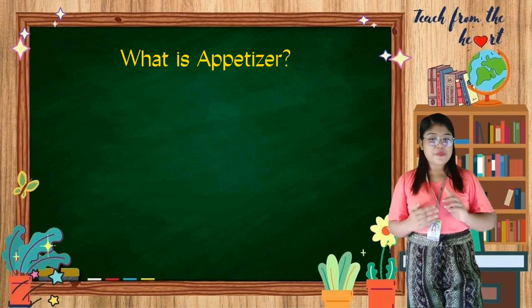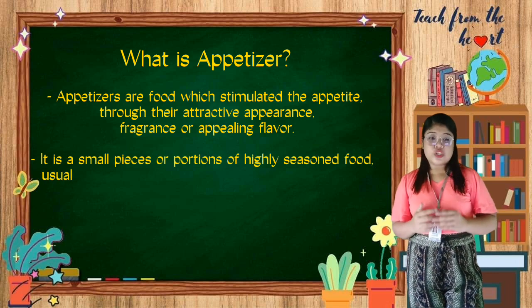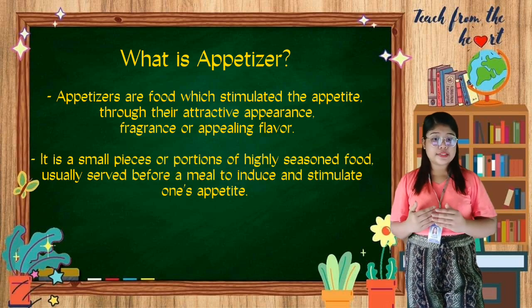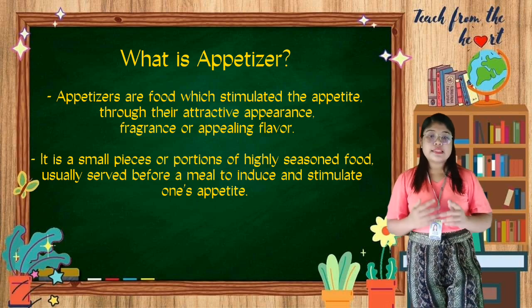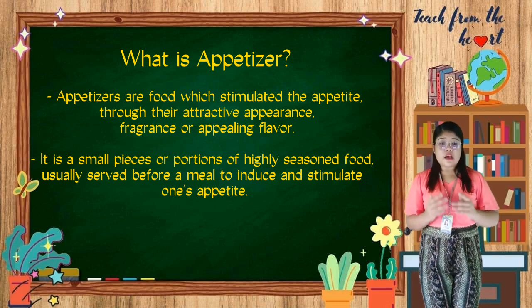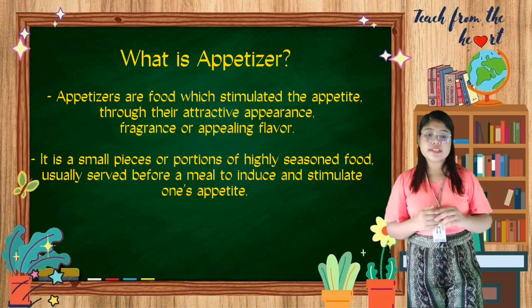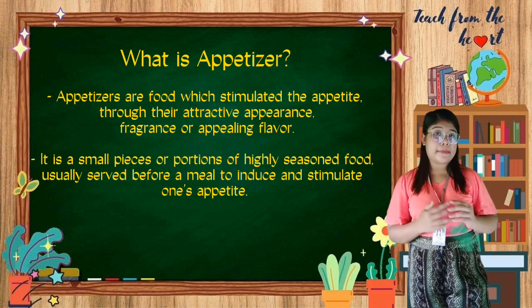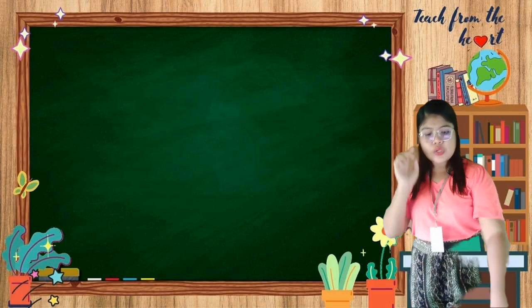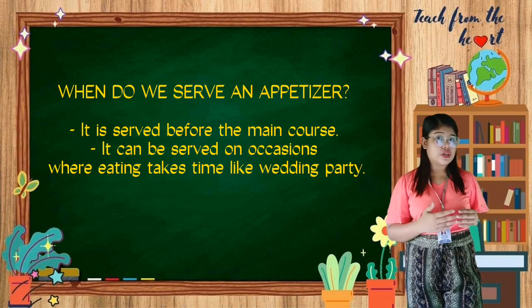Correct. Appetizers are food which stimulate the appetite through their attractive appearance, fragrance, or appealing flavor. These are small portions of highly seasoned food, usually served before a meal to induce and stimulate one's appetite. So next, when do we serve an appetizer?